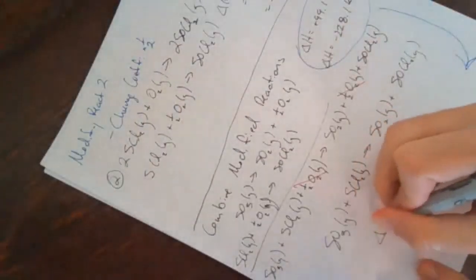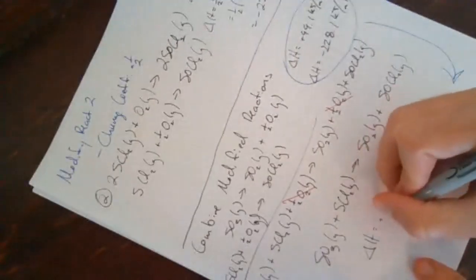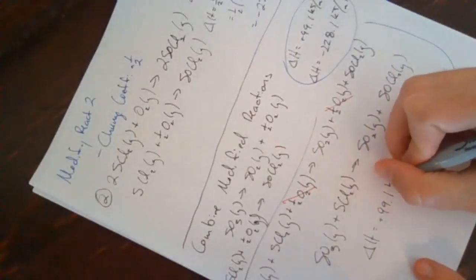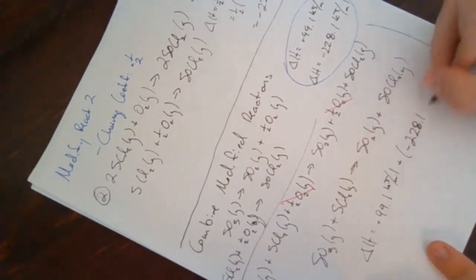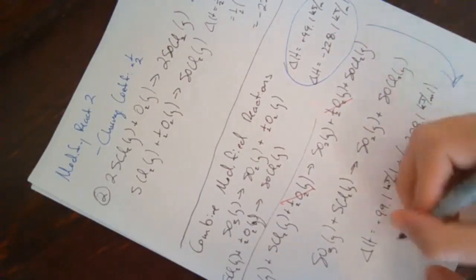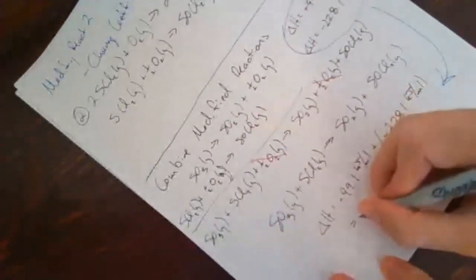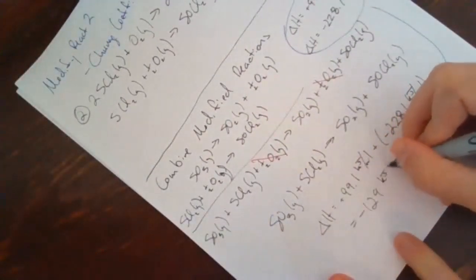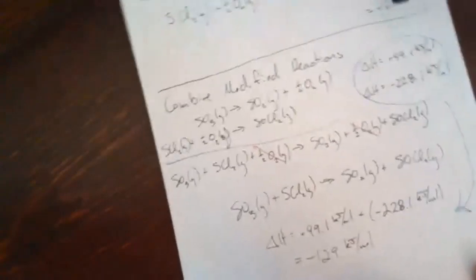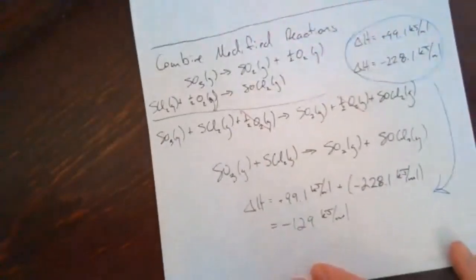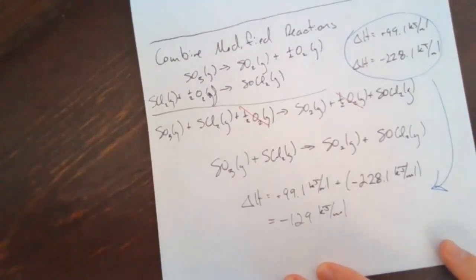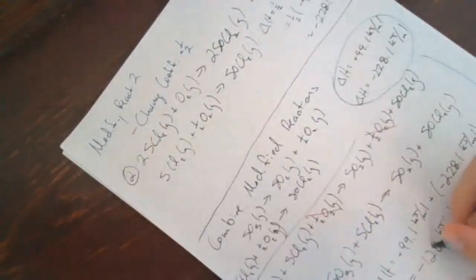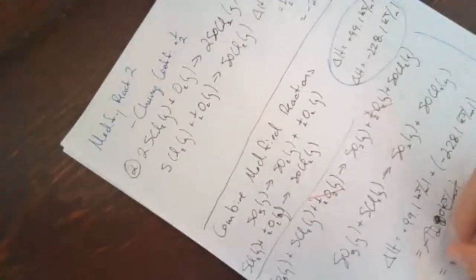So that tells me that delta H is equal to positive 99.1 kilojoules per mole plus negative 228.1 kilojoules per mole, which is equal to negative 129.0 kilojoules per mole.